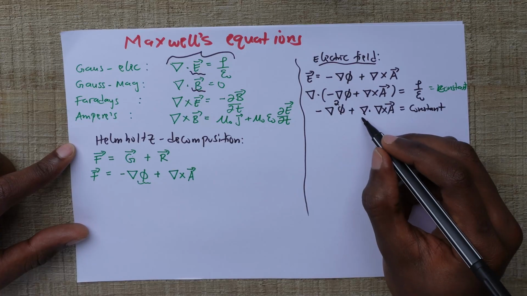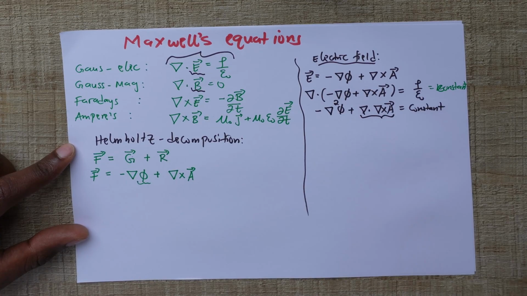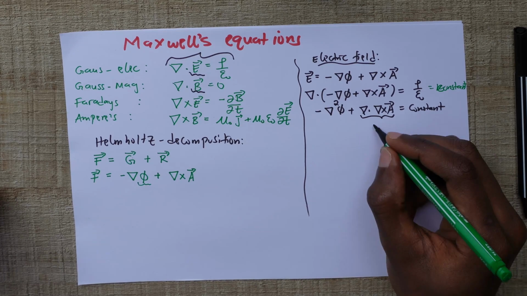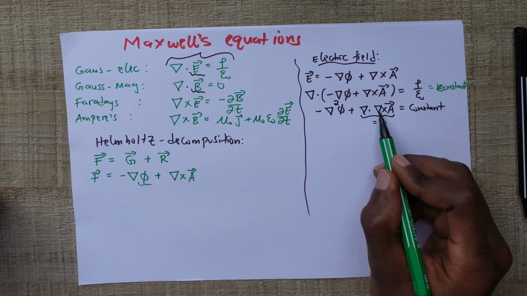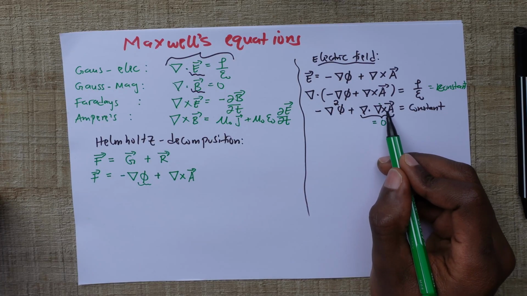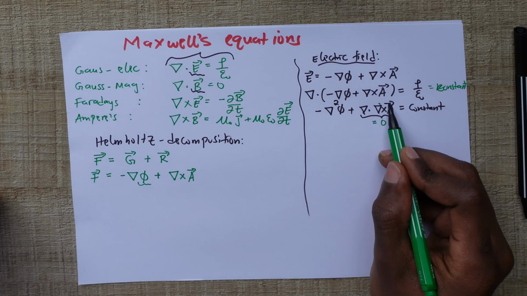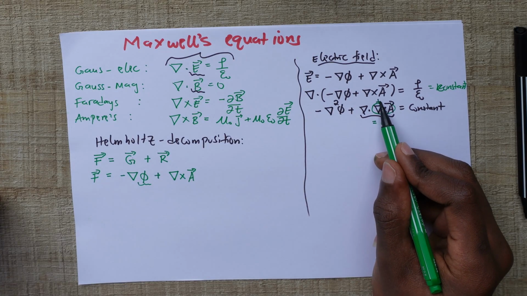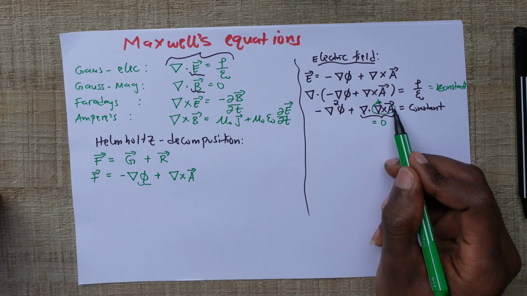This, you probably guessed it, is just going to be 0. This is going to be 0 because if you take the cross product of the gradient operator with another quantity, the result is going to be perpendicular to both the gradient operator and the quantity in question.